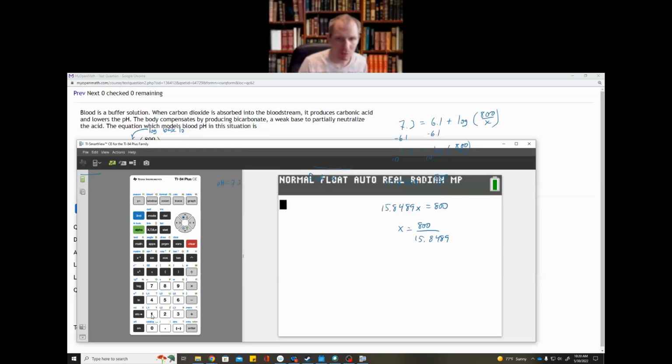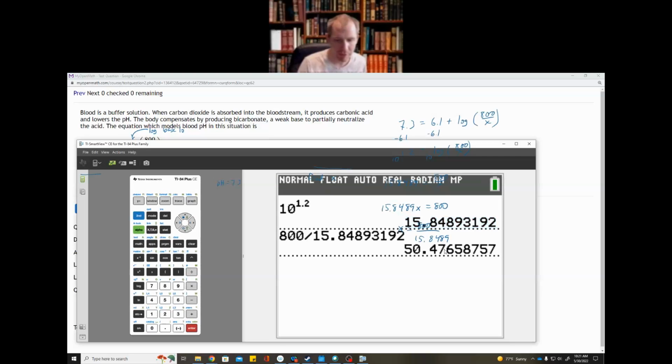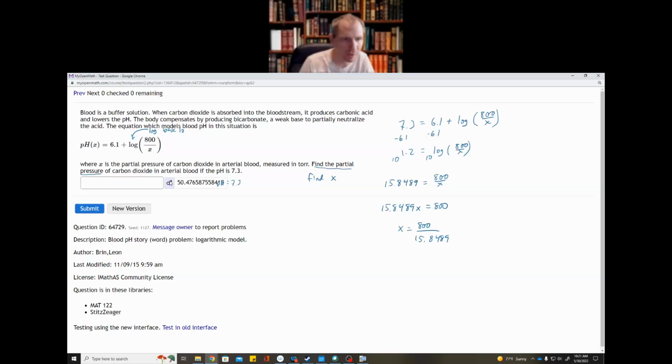So we had 10 to the power of 1.2, and then we did 800 divided by that number. That way I keep all of the decimal places, and I don't introduce rounding error until I round at the very end. So I end up with 50.48 if I round it to 2 places.